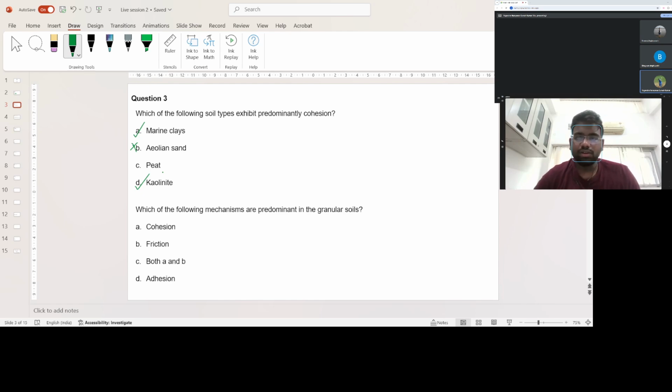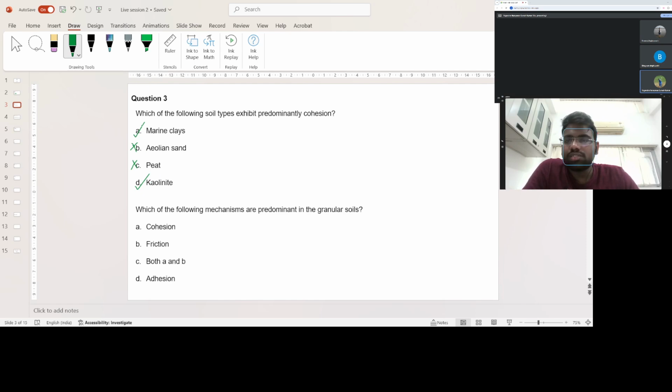So if that is taken into consideration, peat is not cohesive. It will not display cohesion as per the factors which give rise to cohesion. You will be learning it in the further weeks.